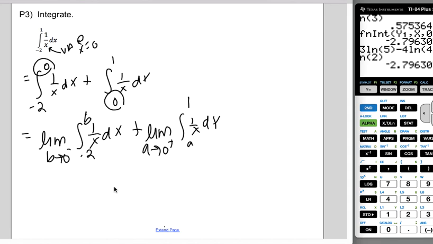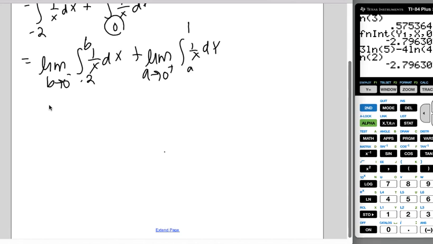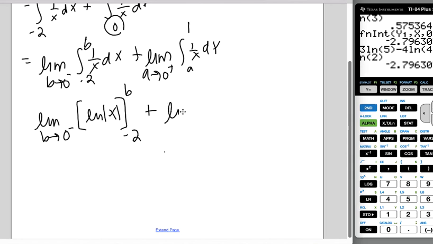Both of these integrate just to the natural log of the absolute value of x. So this is going to be the limit as b approaches 0 from the left of natural log of the absolute value of x evaluated from negative 2 to b, plus the same limit except with an a and 0 from the right of this exact same thing from a to 1.